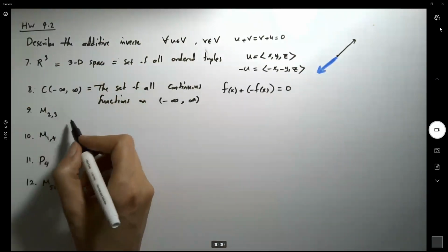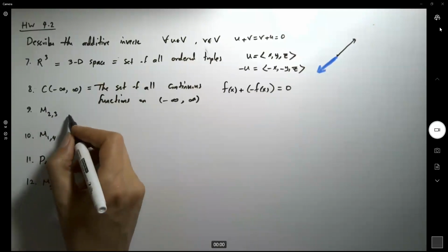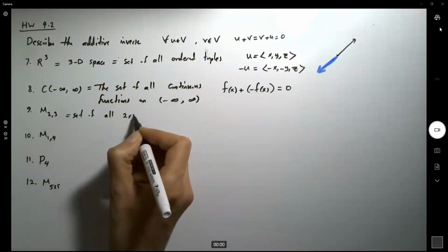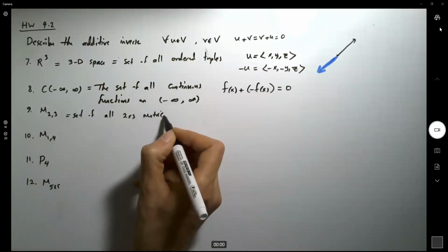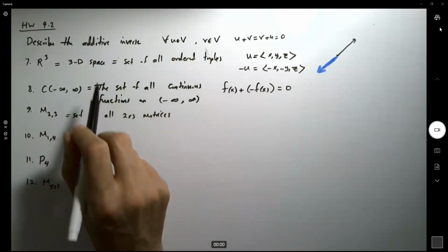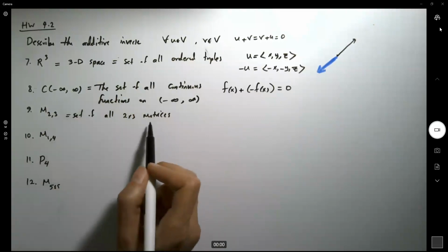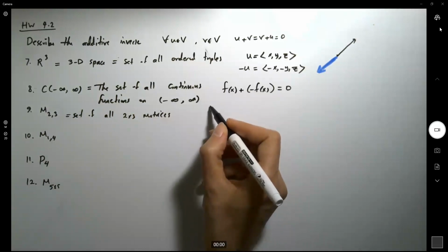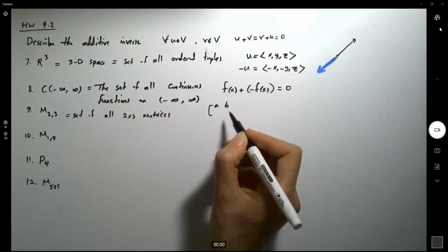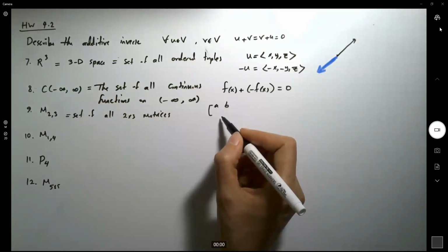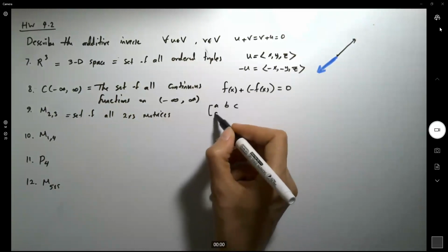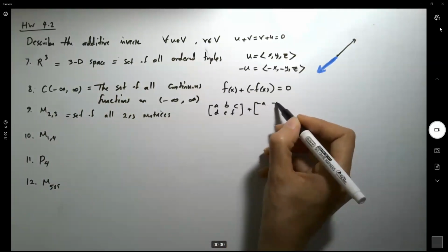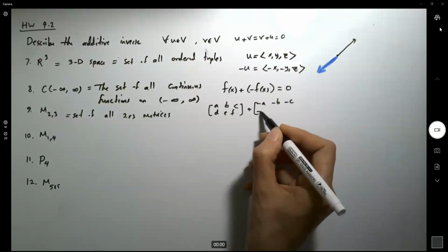M of 2 and 3 is the set of all 2 by 3 matrices, and we know that it forms a vector space with matrix addition and scalar multiplication. So when you have a matrix with 2 rows and 3 columns, A, B, C, D, E, F, to get a 0 matrix, you're going to add the opposite.